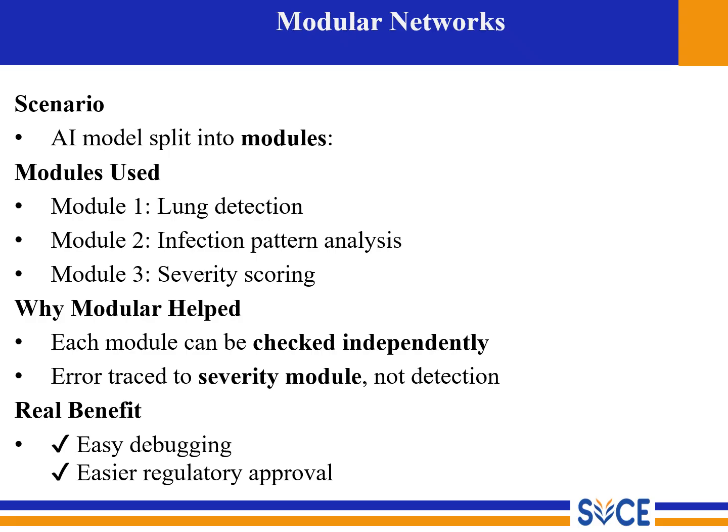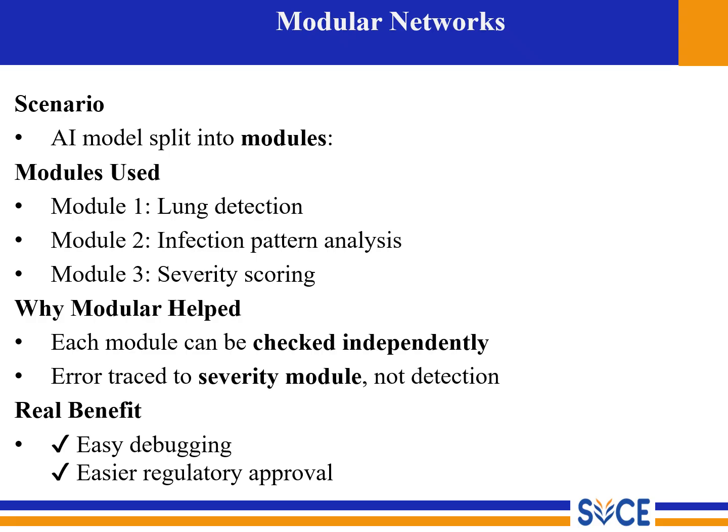So why is this useful? If something goes wrong, you can identify exactly which module failed. Suppose infection analysis module 2 failed, we can identify easily that it happened at module 2. If a severity score is wrong but the detection is correct, the error is isolated.